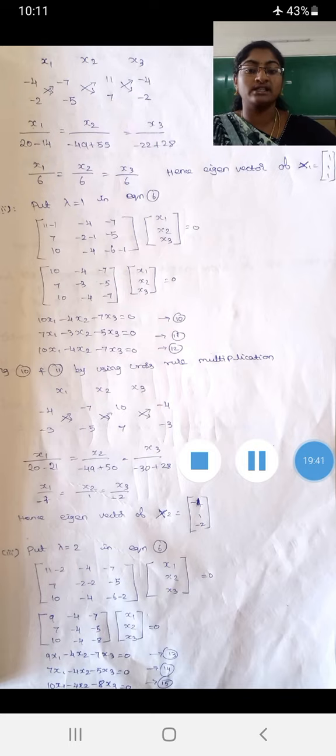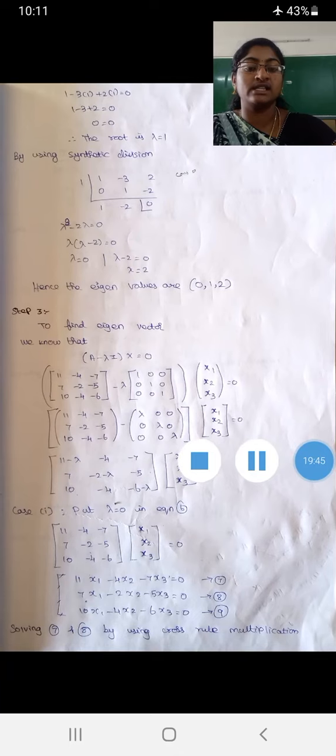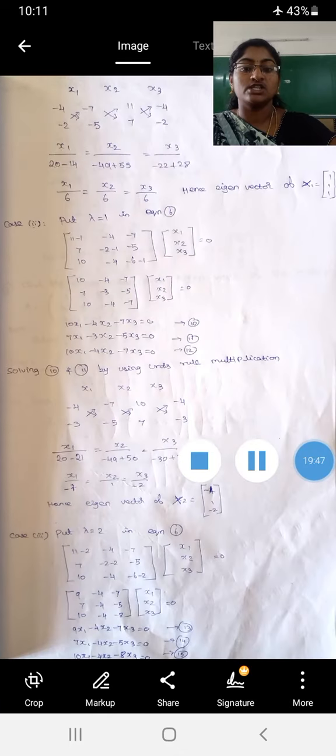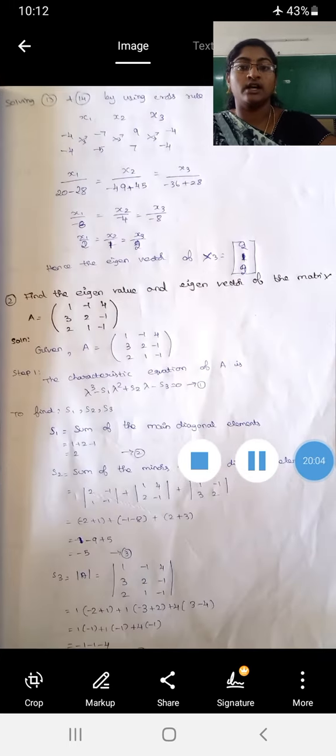Next we have to find the eigenvector of capital X3. In this we will use the eigenvalue 2. So put lambda equal to 2 in equation 6. In our diagonal values there is a change, with lambda as 2. By solving this we get the matrix form, and also solve using the equations. By taking the 13th and 14th equations, we form this using cross rule multiplication.